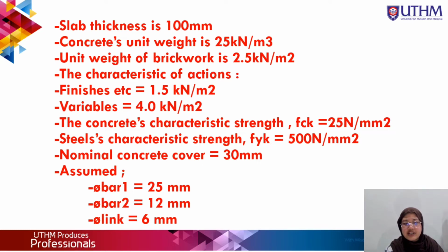The concrete characteristic strength, known as fck, is 25 N/mm². Steel's characteristic strength, known as fyk, is equal to 500 N/mm². Nominal concrete cover is 30 mm. We also assume that first bar is 25 mm, second bar is 12 mm, and bar length is 6 mm.